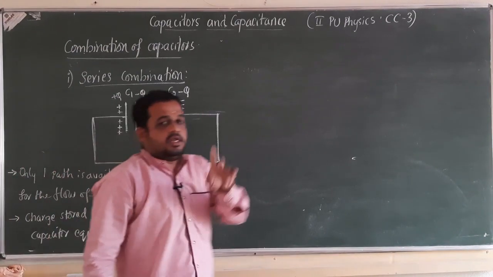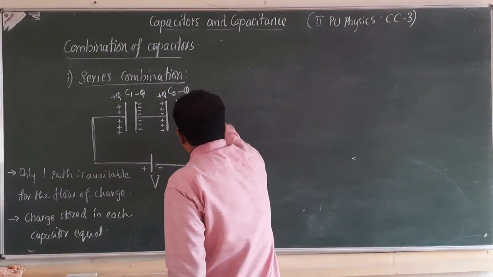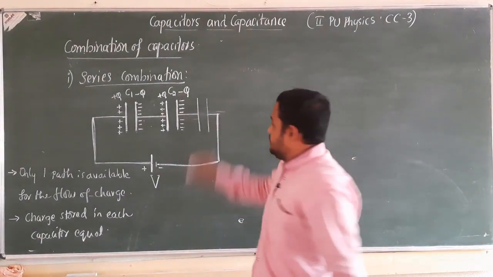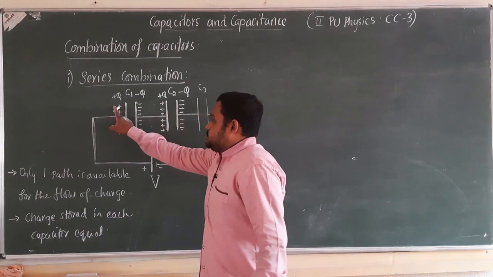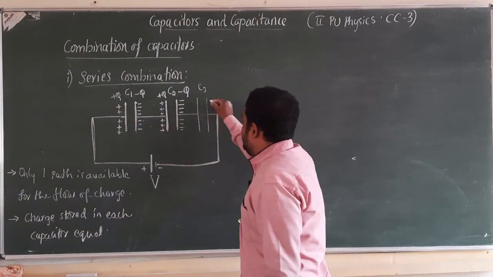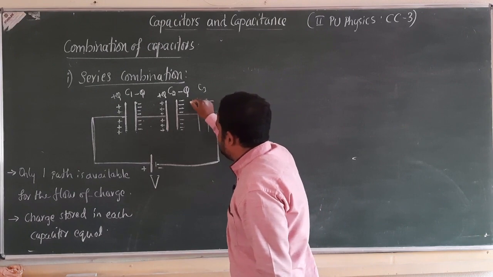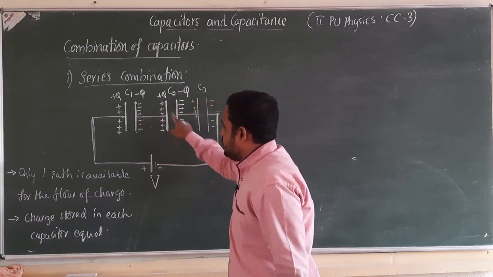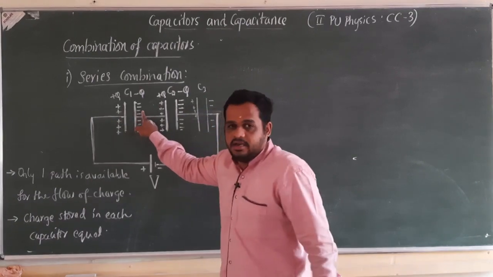Instead of series combination of two capacitors, if I use three capacitors here, I can use n number of capacitors, no problem. If three capacitors are there, C1, C2 and C3, what will be the condition? Positive, negative charges will be delivered to this side. Due to charging by induction, this plate positive, this plate negative, again charging by induction positive, here charging by induction negative.